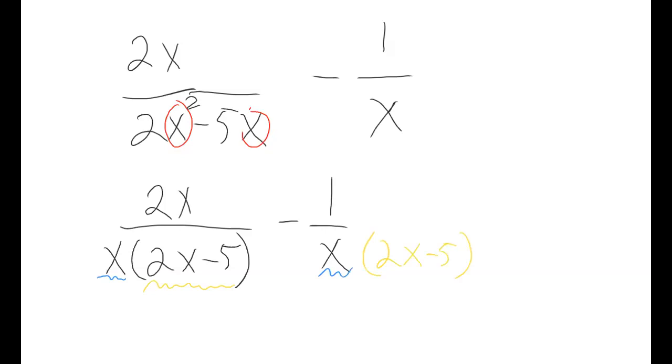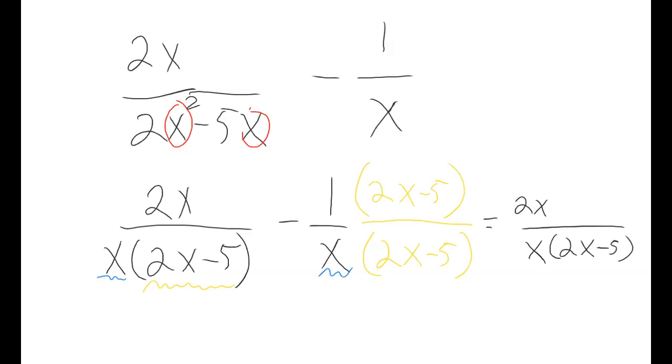Well, what I do at the bottom, I have to do to the top. And now I have my common denominator, because the two denominators look exactly the same. So my common denominator is x times 2x minus 5. Well, the first fraction, I didn't have to add anything, so it just stays 2x.